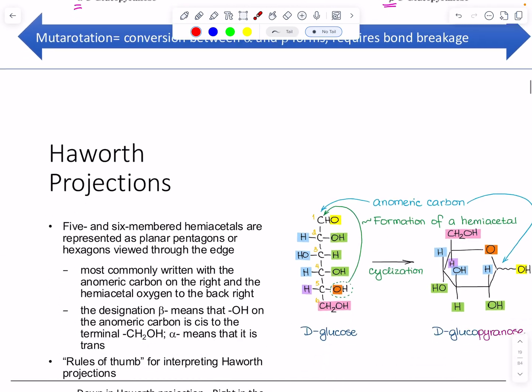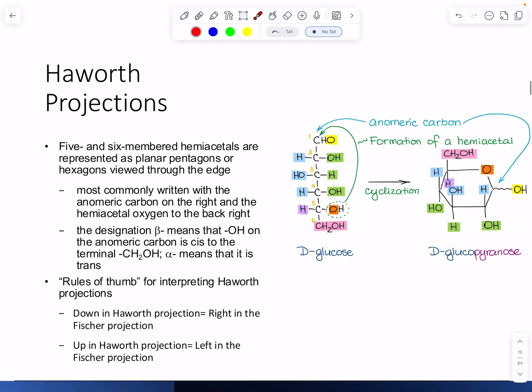Okay, so Haworth projections are simplified drawings that we use to represent 5- and 6-membered sugar rings. In these depictions, our cyclic hemiacetal is shown as a flat pentagon or a hexagon viewed on the edge. By convention, our anomeric carbon is placed on the right, and you'll notice that right here it has a squiggly line.